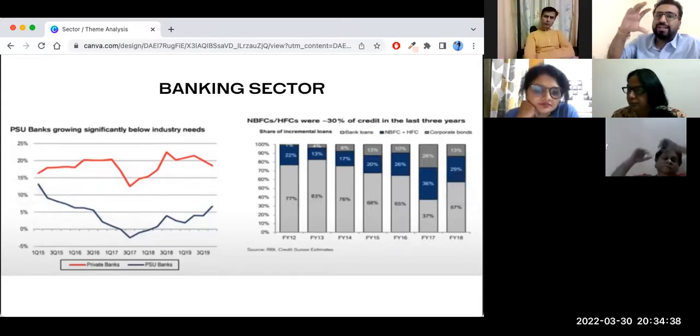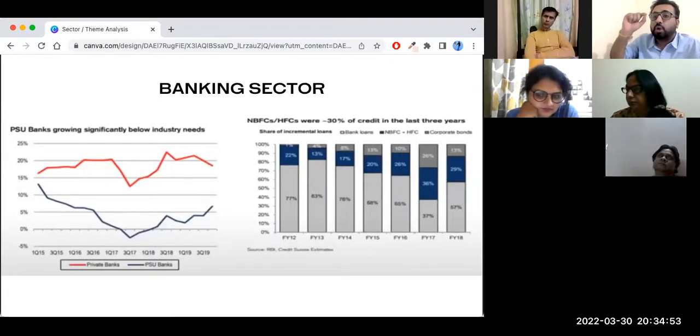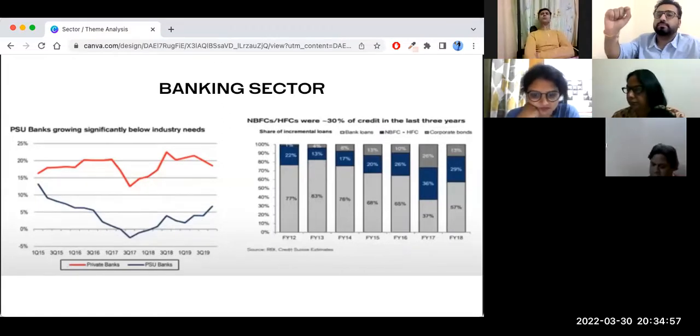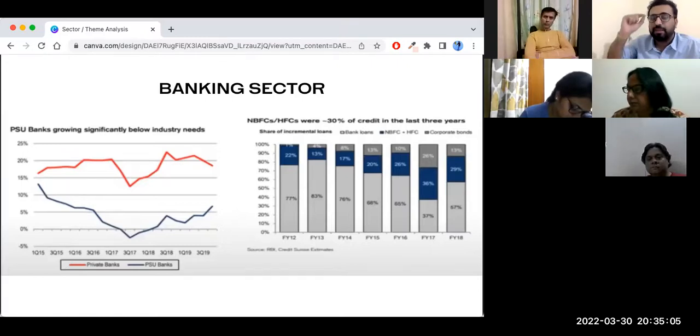In the private banking pie, specifically NBFCs and HFCs have been growing at close to 20 to 22% in the last 5 to 6 years. NBFCs and HFCs have been able to grow at 20 to 22%.